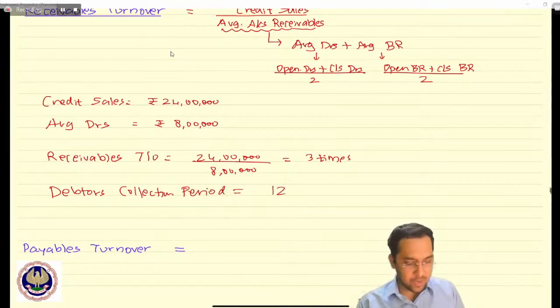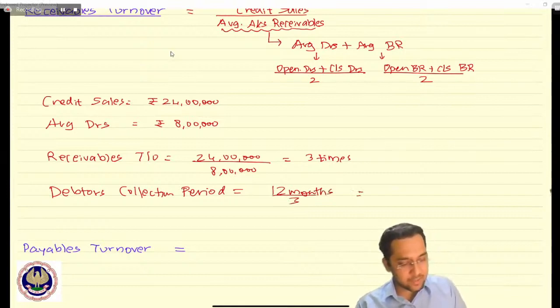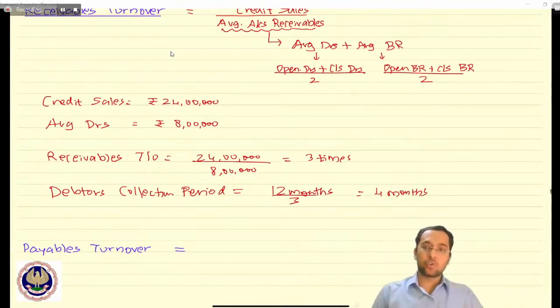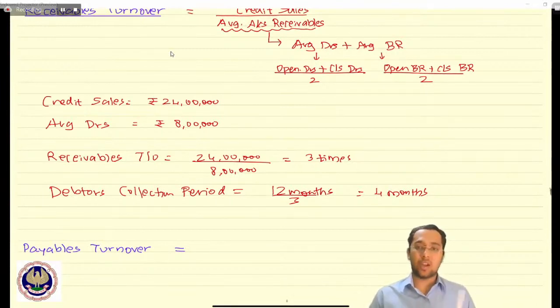You can say it is simply 12 months divided by 3, which is 4 months. Technically, what is happening? You sold goods today, you're going to collect after 4 months. Again, you're going to sell goods after 4 months, and again collect after another 4 months.